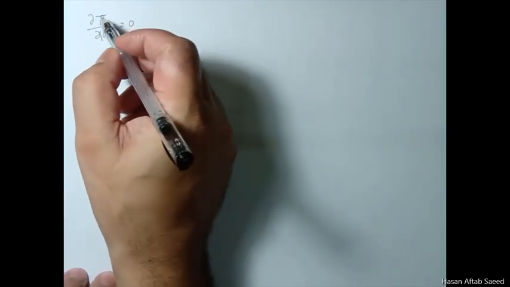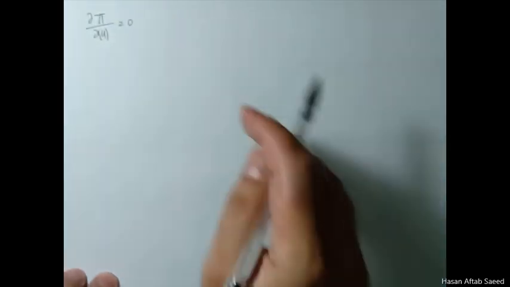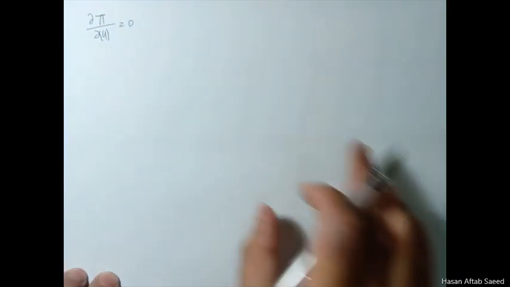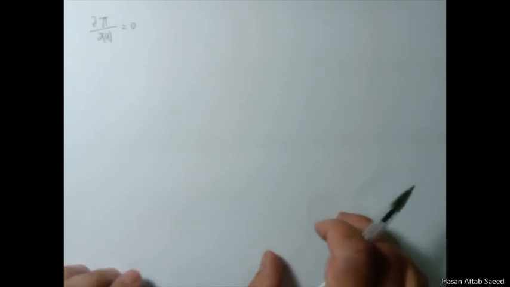We minimize the potential energy by differentiating this expression with respect to the vector of all the degrees of freedom, u1 to un, and equate the system of equations to 0.